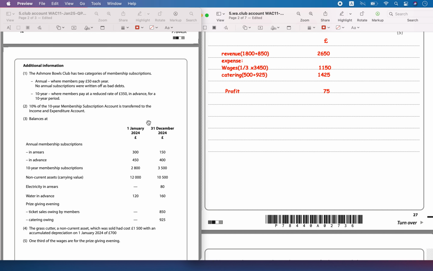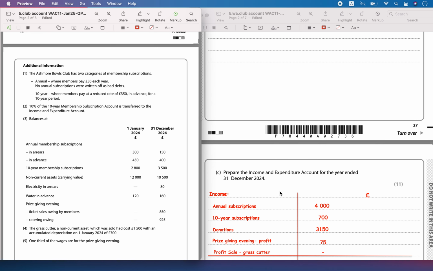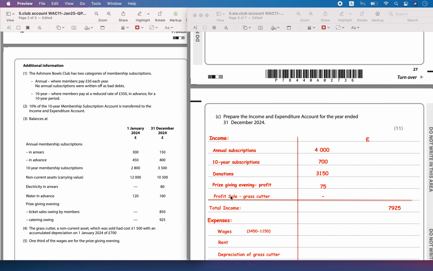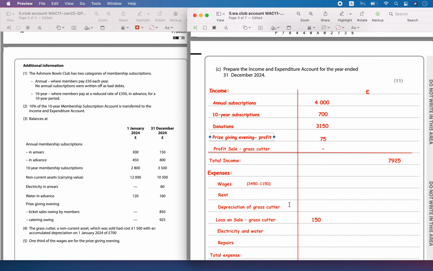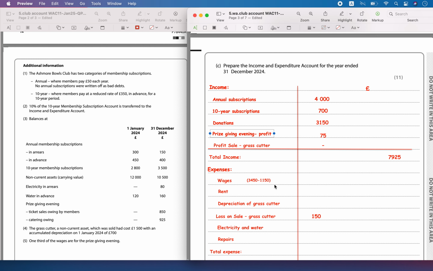So the total wages that was paid, but we have incorporated some amount in the prize giving as a part of expense. That's why some wages we would have put here already shown as expense part. So we will only include the remaining wages.